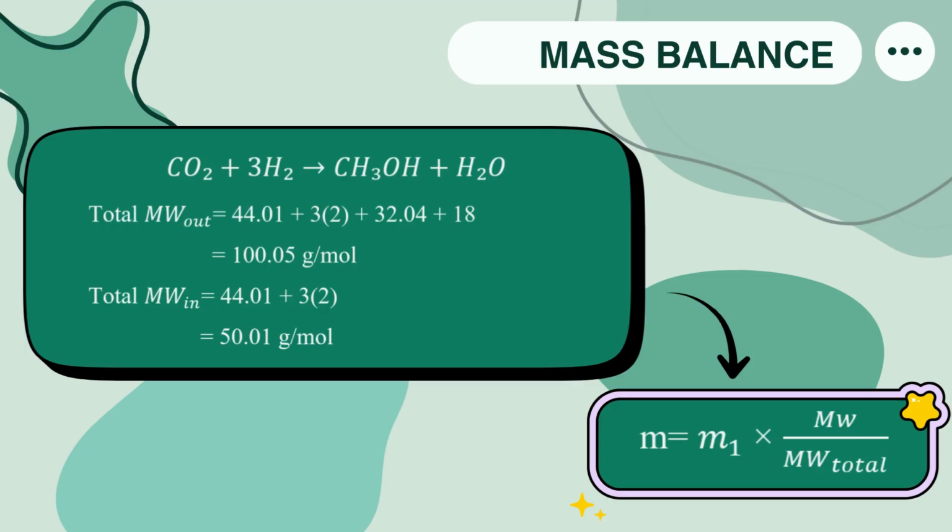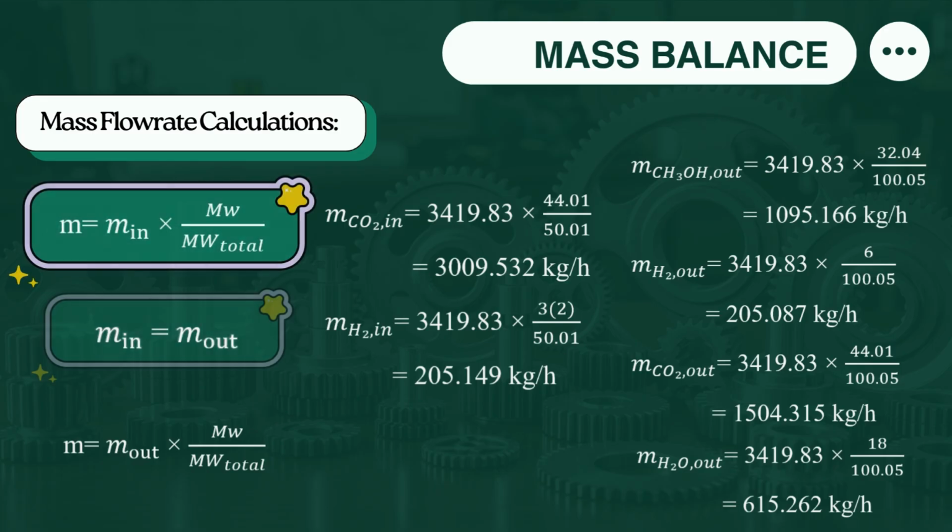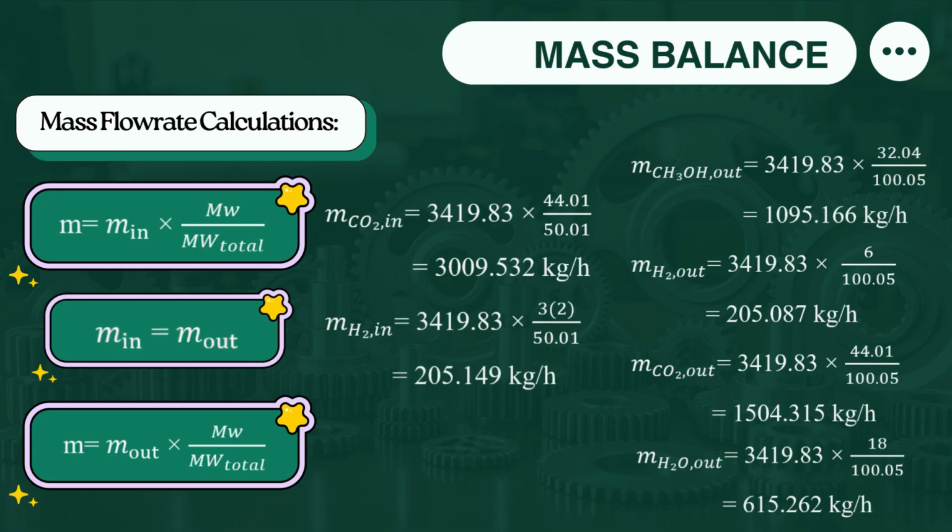The total molar weight calculated will then be used in the formula below, which is the mass flow rate of a component equals the total mass flow rate times the molar weight of the component over the total molar weight. Here we have all of the calculations of the mass flow rates for the inlet and the outlet.